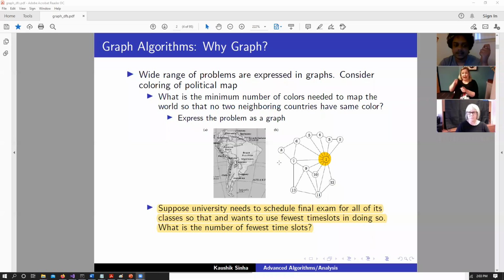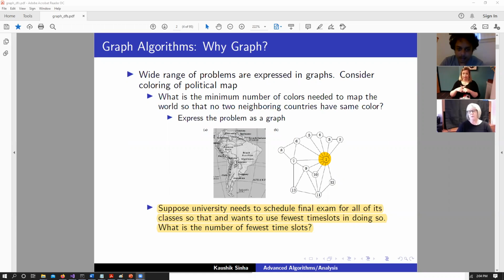We represented that as a planar graph where every country that is adjoining to a particular country is represented by a particular edge. And I asked you guys to figure out whether we can have an overlapping edge in terms of a country map.